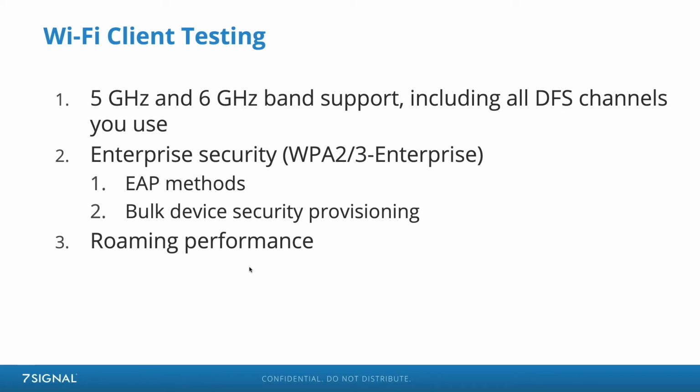Roaming performance, so huge problem for Wi-Fi clients and enterprise networks. A lot of them are really sticky clients that don't roam well. You got to think about the use case for the client. If it's going to sit on a desk and never move, then its roaming performance doesn't really matter.